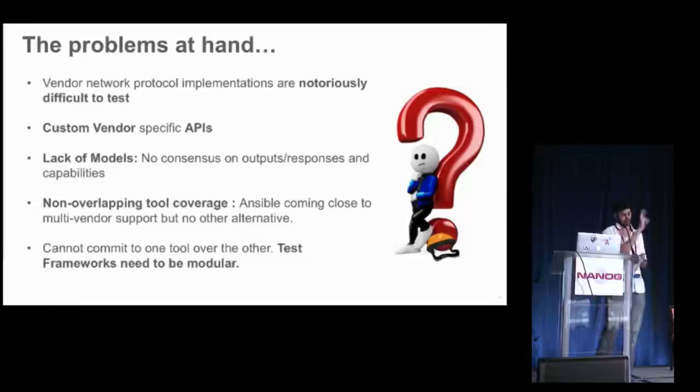So having considered all of these problems, let's just make a statement that if we have to construct a test framework that works, we need it to be modular. And when I say modular, it means that each of the pieces in terms of the way it talks to the devices, the way it represents the APIs, the tools that it internally uses, should be potentially swappable and replaceable at every stage so that it can pretty much pick up the tool necessary to talk to the different vendor as needed.